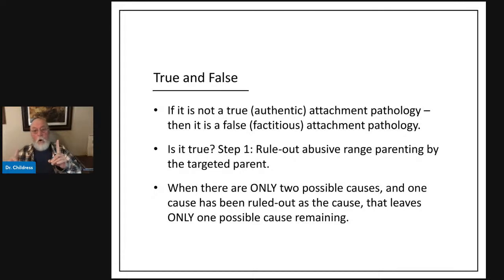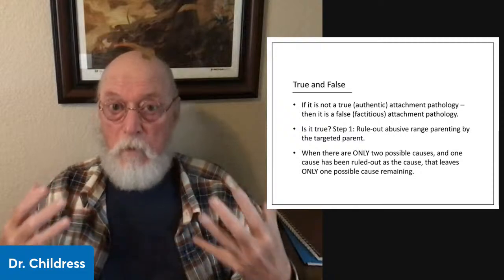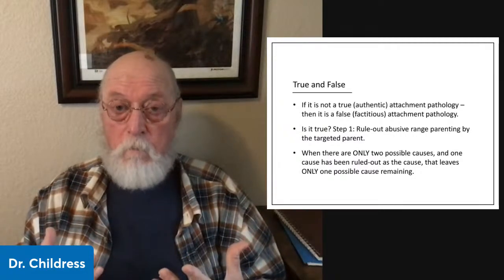And when there are only two possible causes, and one of those is ruled out as a cause, then we only have one possible cause remaining. That's how the diagnosis of a factitious disorder is made.